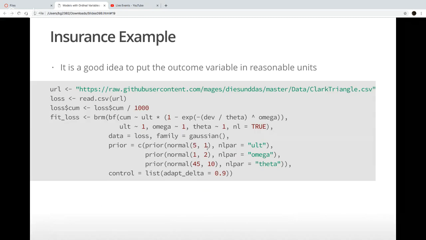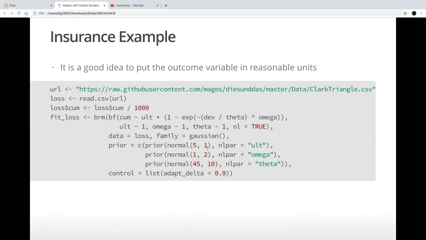These data, like a lot of data that are just dumped out of some database, are the dollar loss that the insurance company had for each of the people who bought insurance through them. So it was in dollars. That can be highly skewed, but also, individual dollars are not really the right units of analysis. So I've divided it by 1,000 in order to get more reasonable units for the parameters.